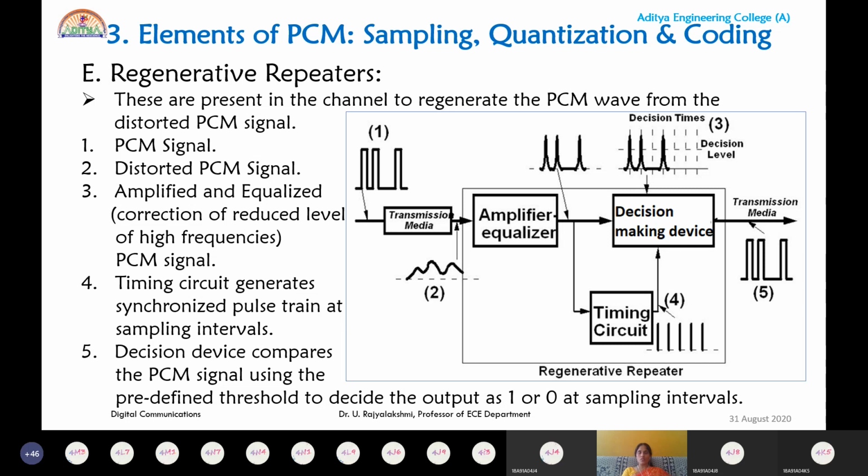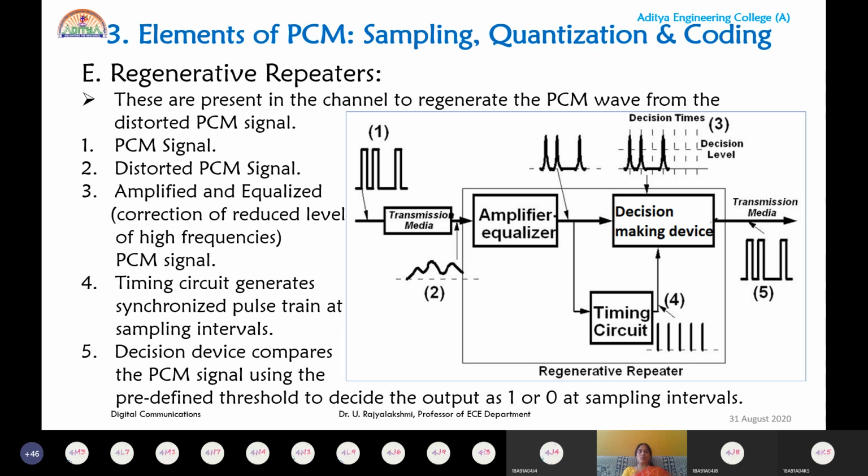That's why you need a threshold, a decision making device, to overcome the attenuation and the distortion in terms of amplitude, and to overcome the distortion in terms of time, phase distortion, you need a timing circuit.